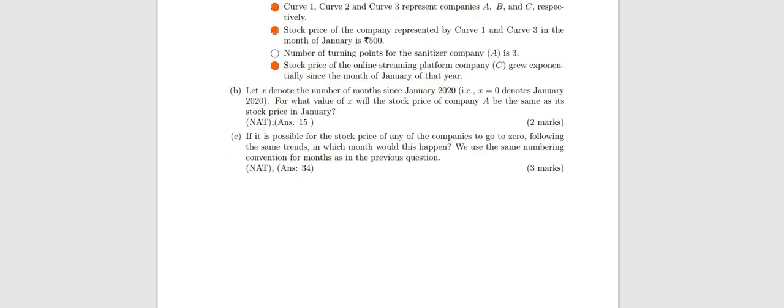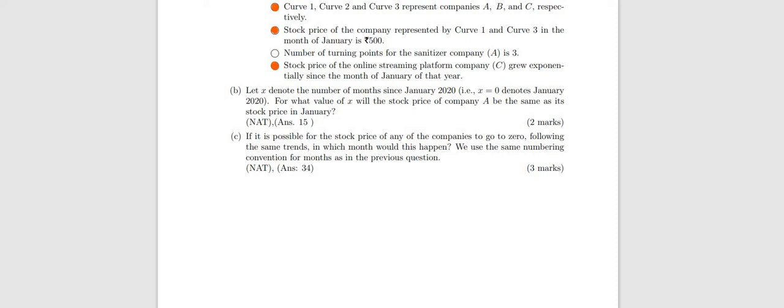Now, let's see question number B. It says let X denote the number of months since January 2020. For what value of X will the stock price of company A be the same as the stock price in January? So, recall what we have calculated as the stock price of January.